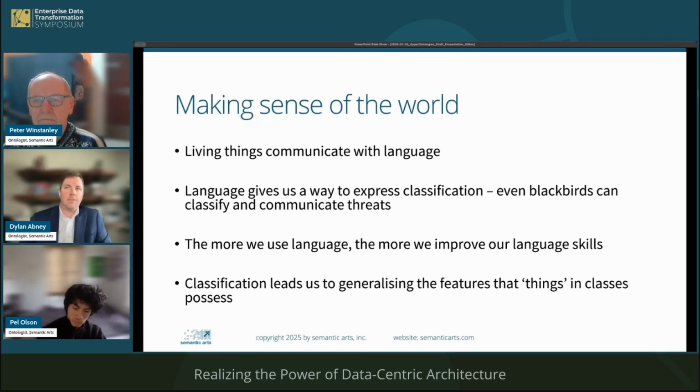And this is something that we see across the animal kingdom. Even blackbirds can classify and communicate threats. And over time, the more we use language, the more we improve our language skills. And we start to go beyond just mere classification of things. And we start to make generalizations about the features or properties that things in these classes happen to possess.